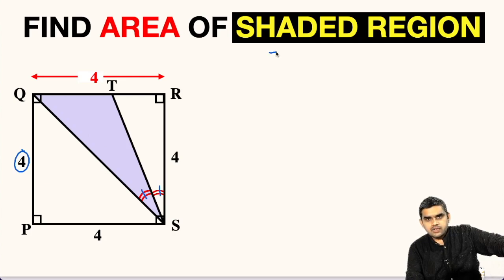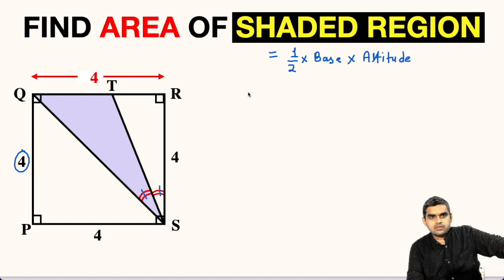First of all, area of any triangle can be written as half times the length of its base multiplied with the altitude of the triangle. In our case, we can take QT as the base and the altitude to this triangle will be RS.